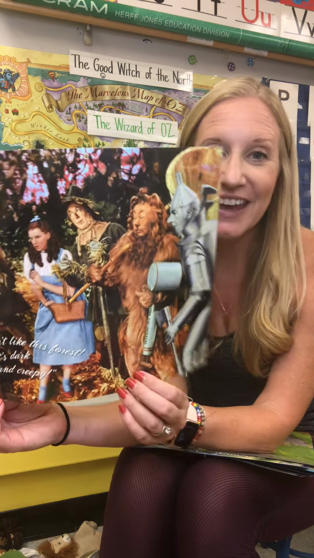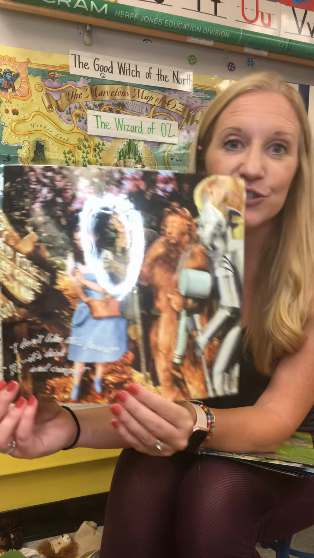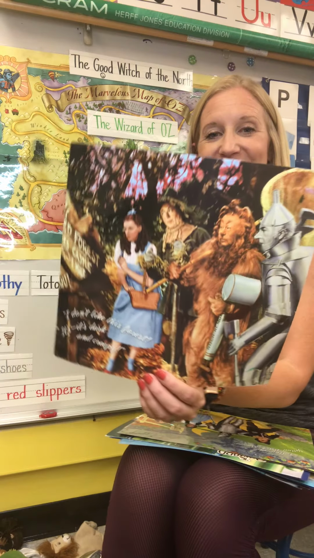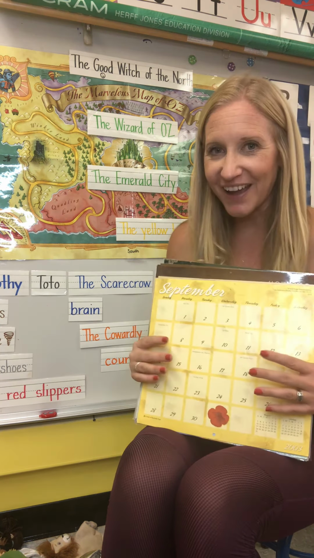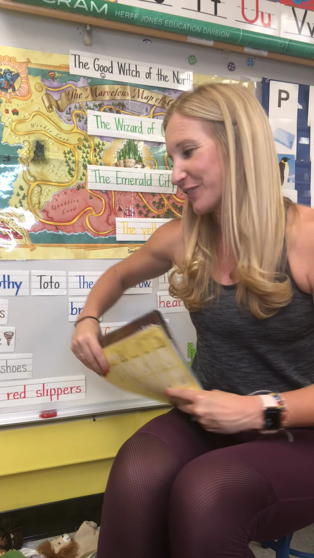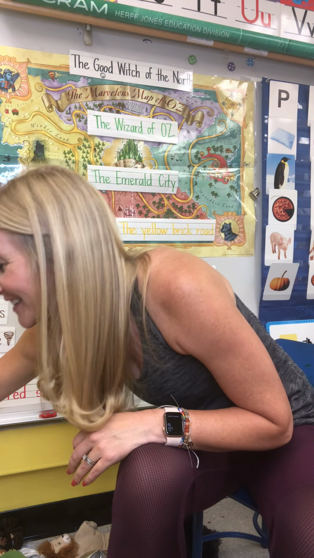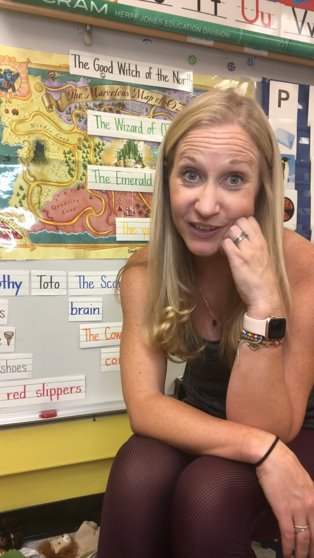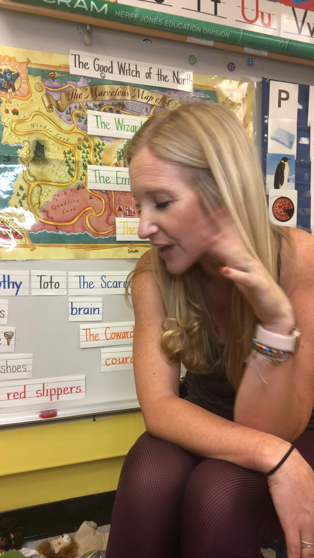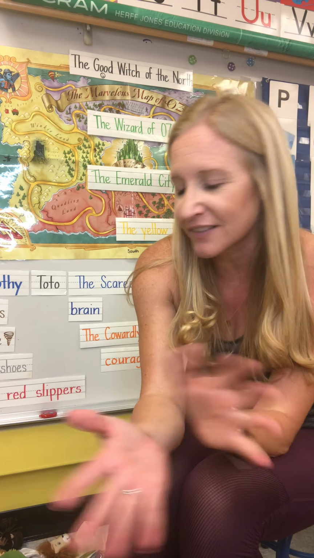Because Dorothy and her friends hear some wild animal noises and they say, oh, they're lions and tigers and bears. Oh my. Now we know from reading the story that it's actually not lions and tigers and bears. It's actually the Kalidas. So there are definitely some differences.